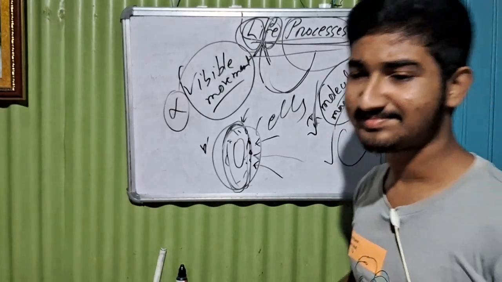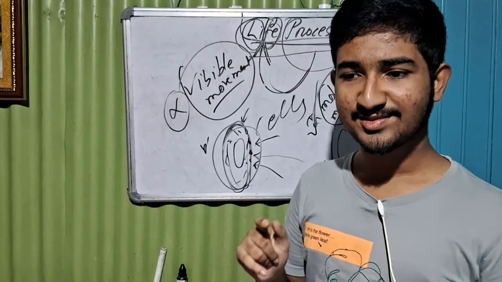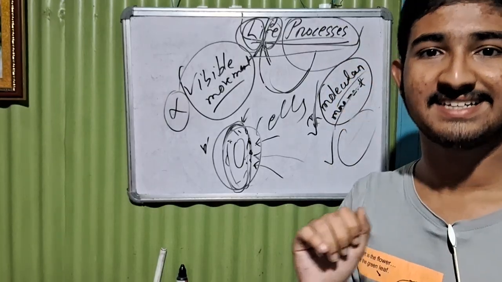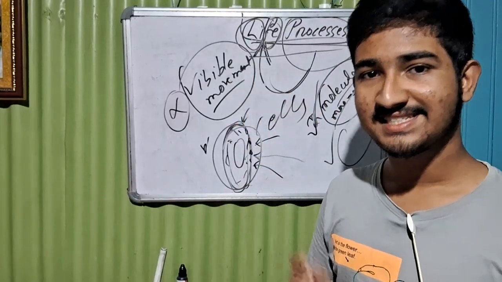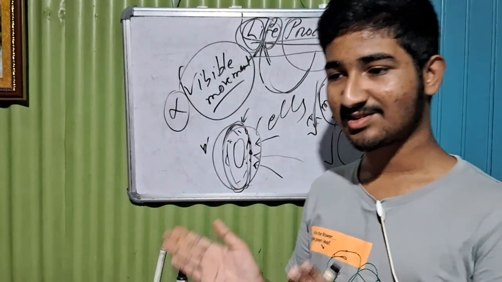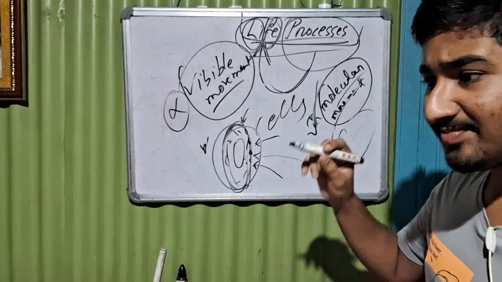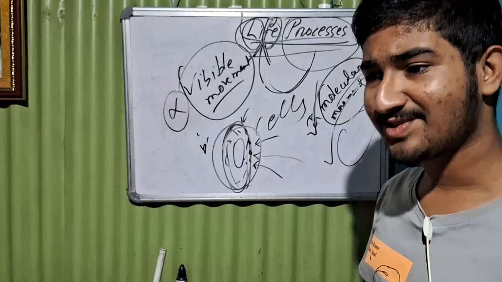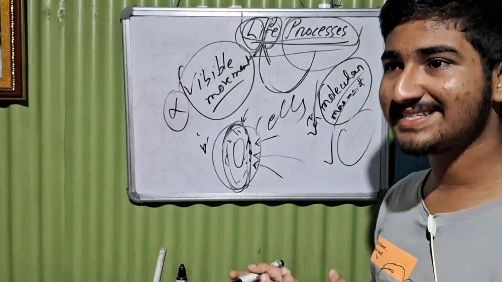And thirdly, if you touch a cat or kick a cat, it is likely to bite you. If you touch a touch-me-not plant, it will close its leaves. So the third criterion is that they show response to stimuli of the environment. Stimuli means change in the environment.